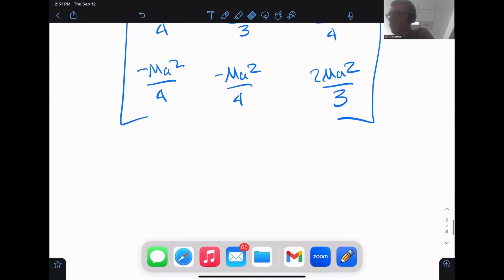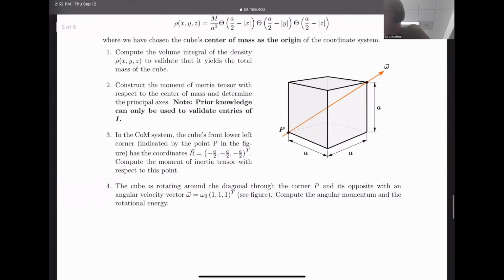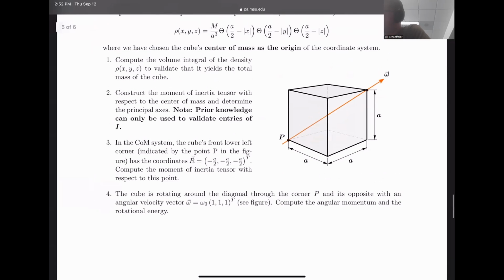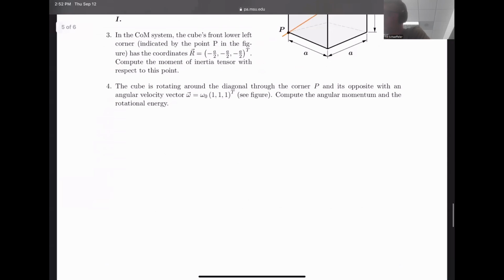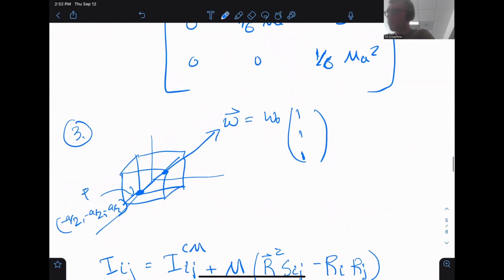So now the last part is to compute the angular momentum and the rotational energy if the entire cube is rotating through the axis going through the diagonal. So we already know what the angular velocity vector is.